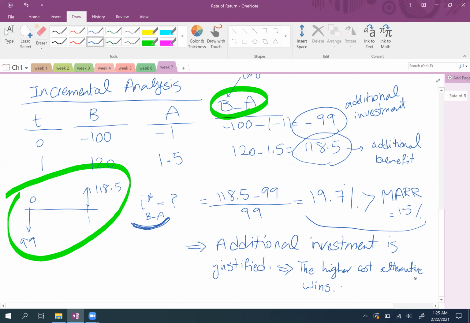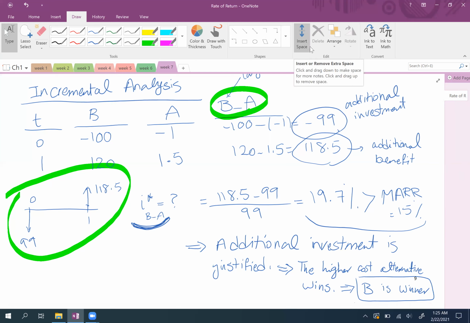It was B. So therefore I would say B is the winner. It means you would select alternative B, because the whole thing that we wanted to do was to compare B with A and see, if I want to use rate of return analysis, what should I do and which one will be selected.